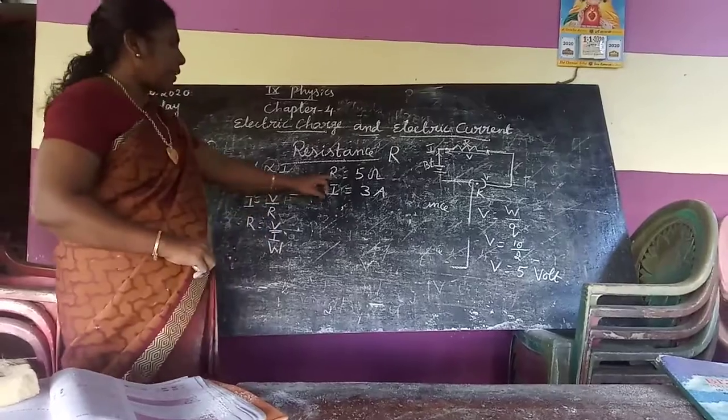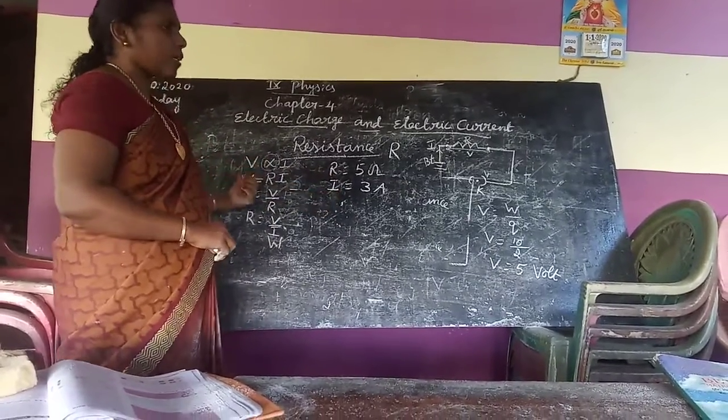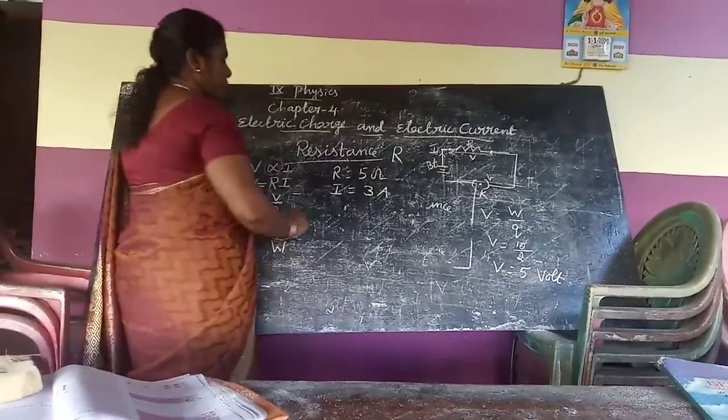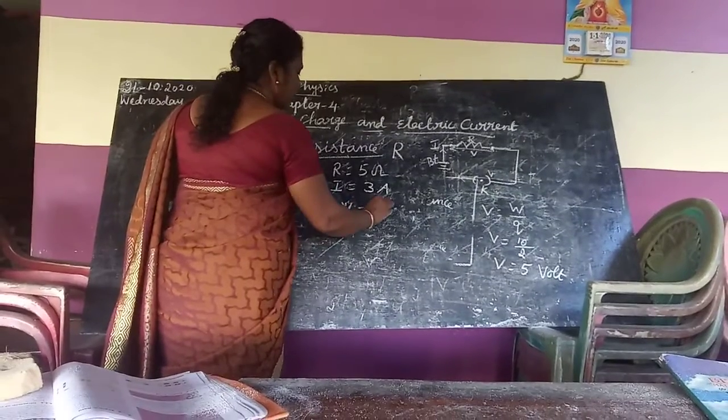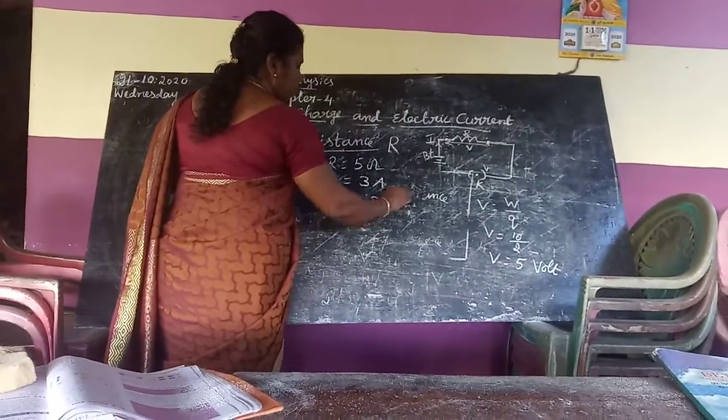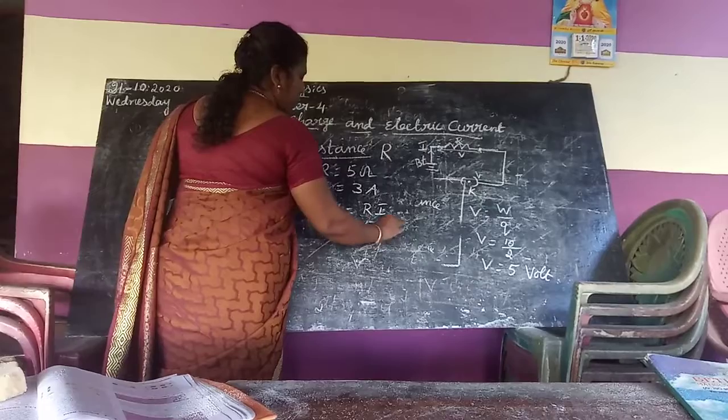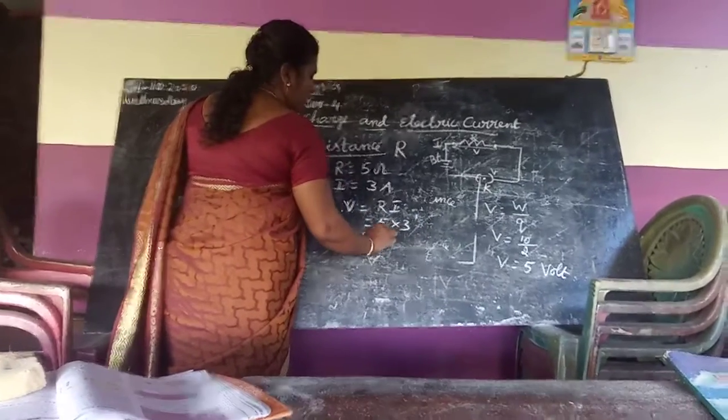You have to calculate the potential difference. Our formula is V equals R I, so just multiply 5 into 3. So V equals 15.